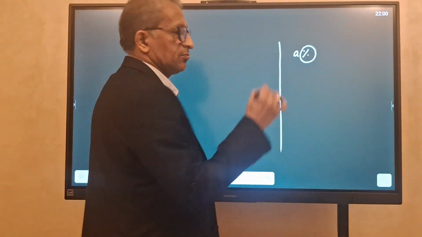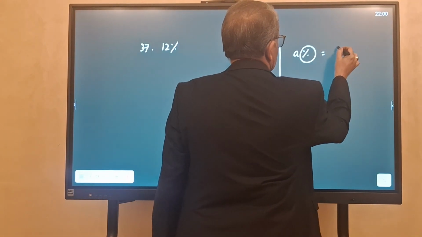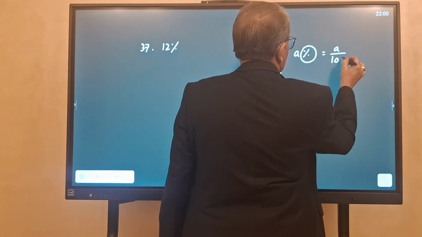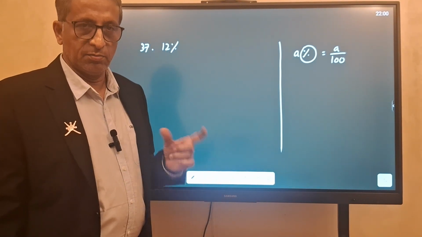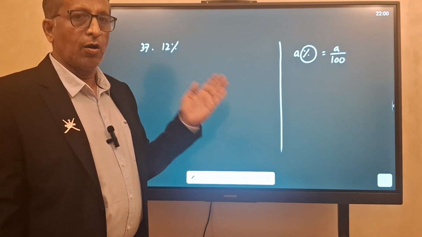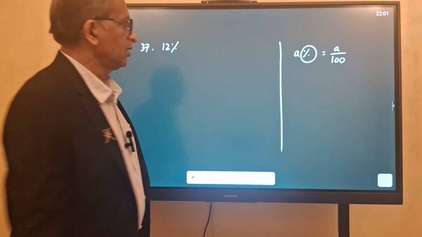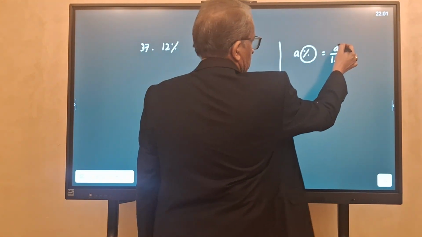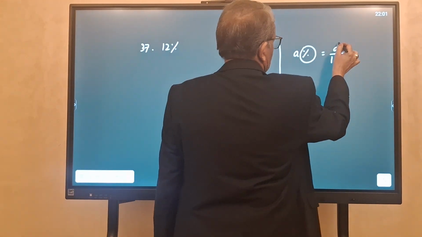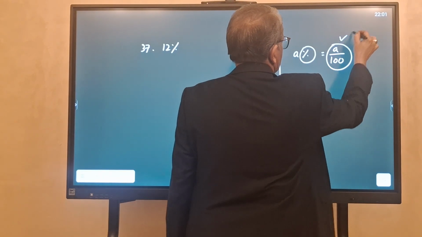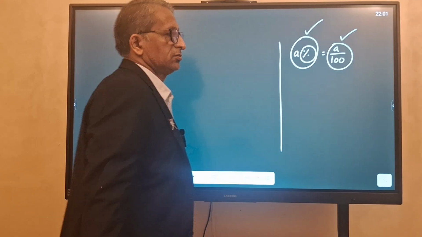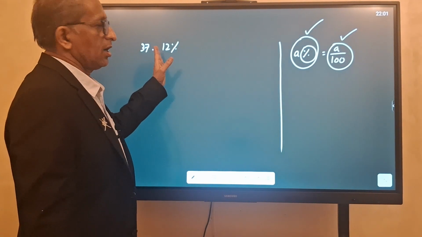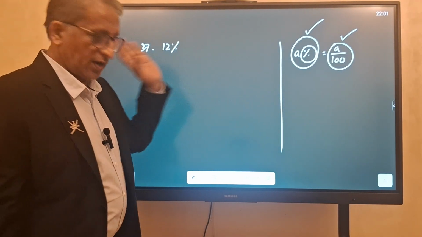A percentage means A divided by 100. Cent means 100, per means divide, of means multiply. So A percent means A by 100. What is this? It is the fraction. What is this? It is the ratio. So a ratio I will be converting into a fraction.